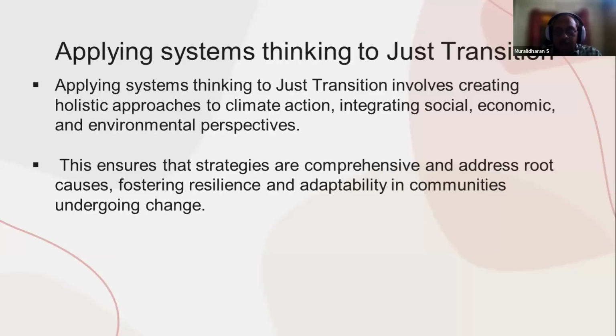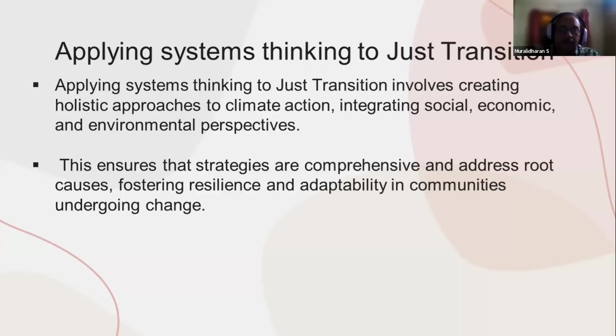Otherwise, it's a recipe for doom. So integrating social, economic and environmental perspectives is also important, as we have been emphasizing from the beginning. This ensures that strategies are comprehensive and address the causes, fostering resilience and adaptability of communities undergoing change.